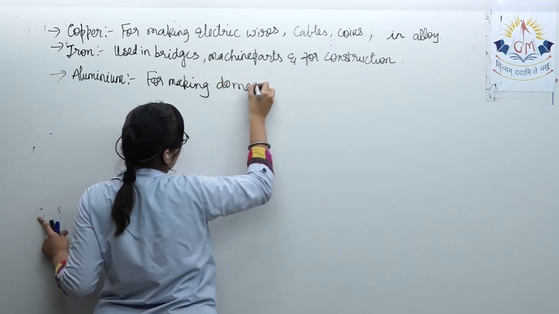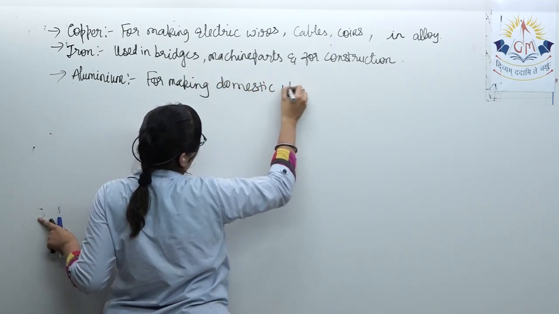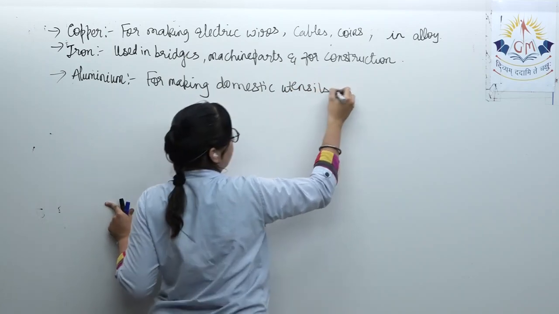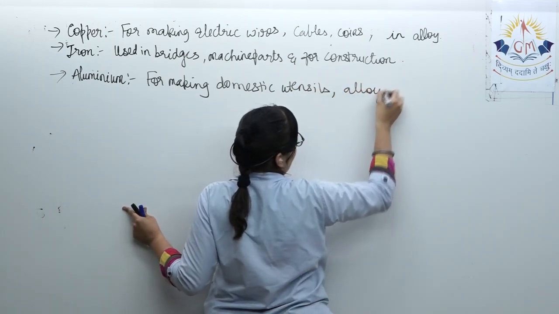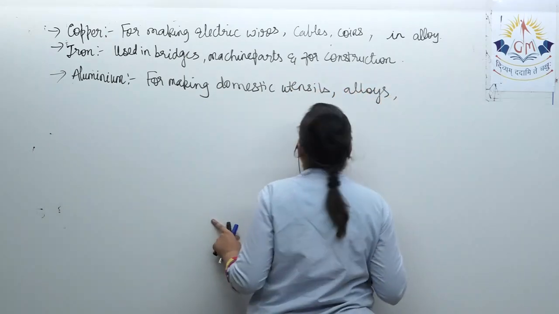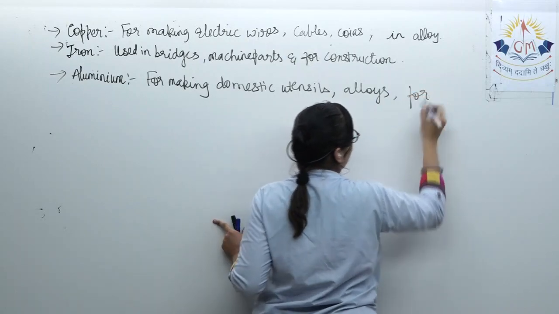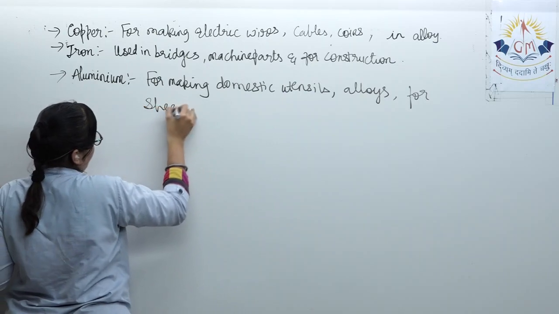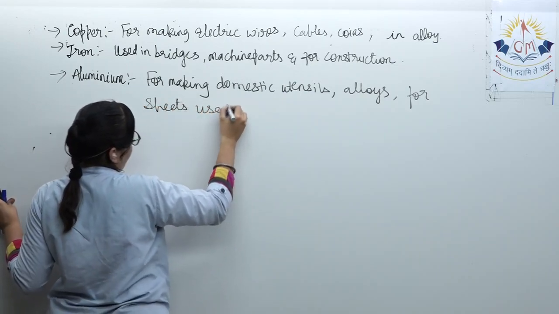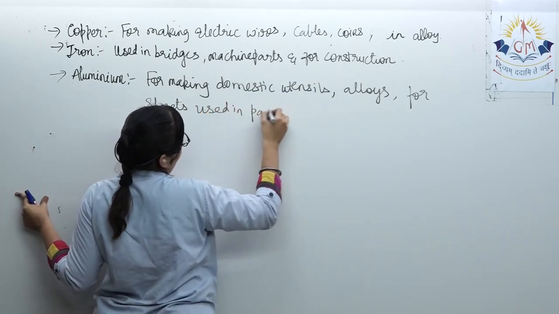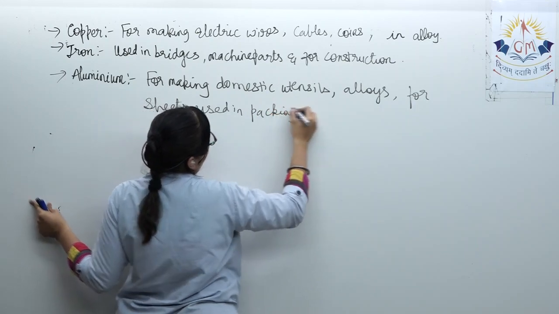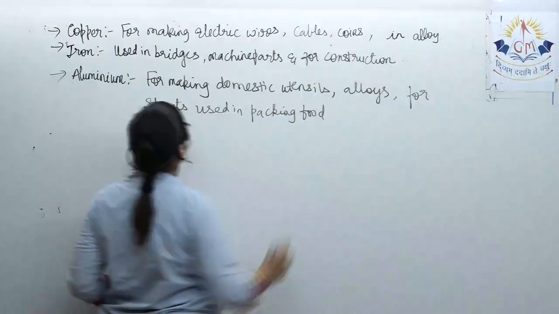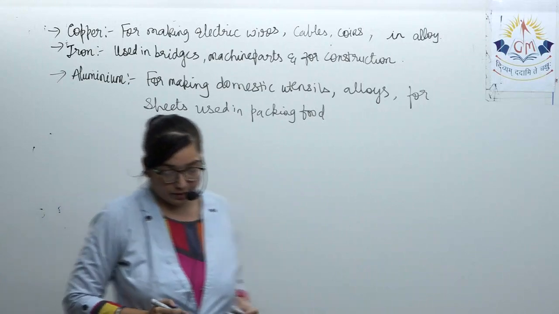Domestic utensils, alloys, then food packaging. These are a few basic uses of aluminium.